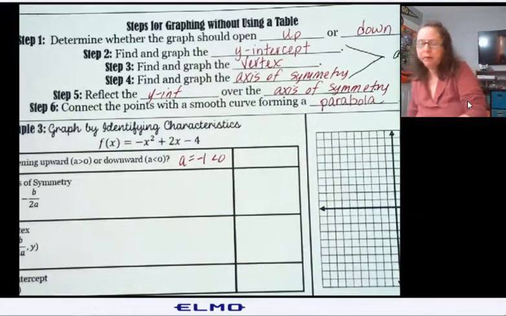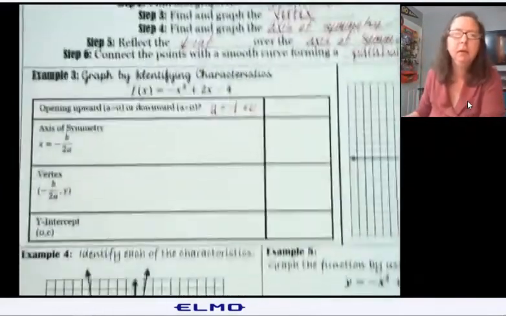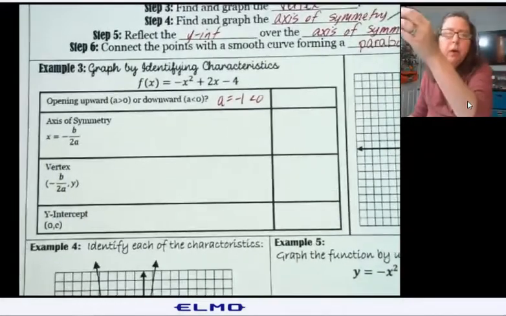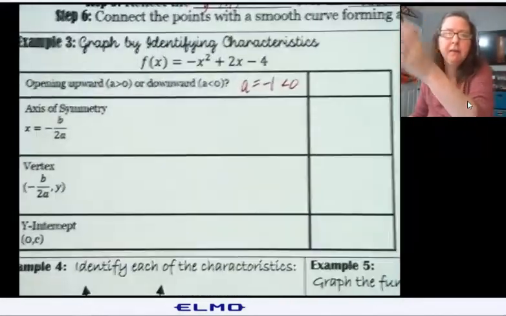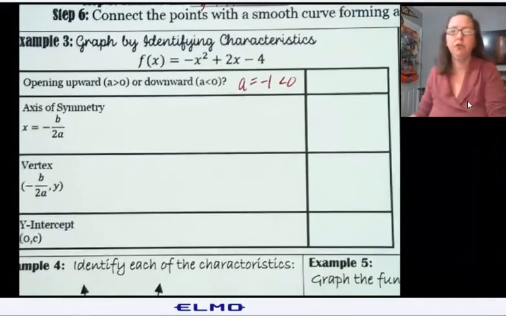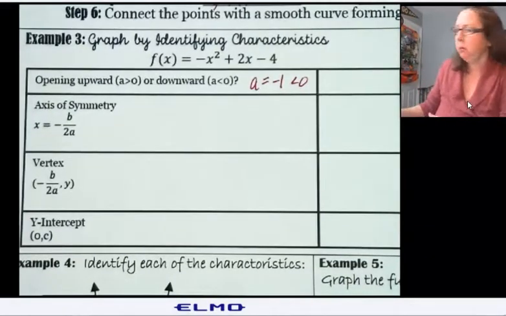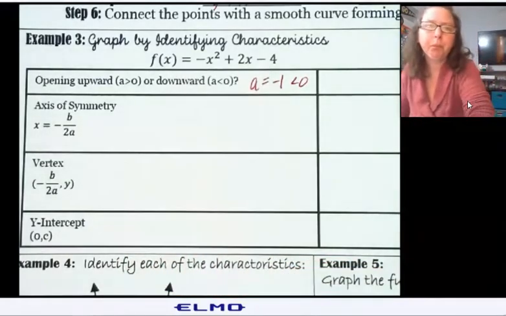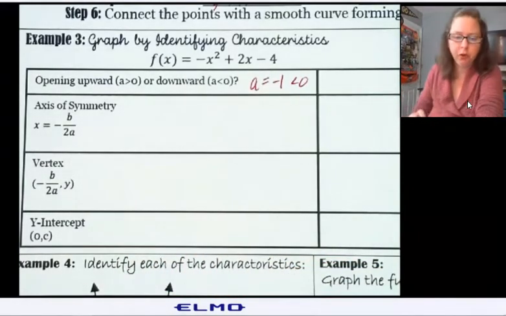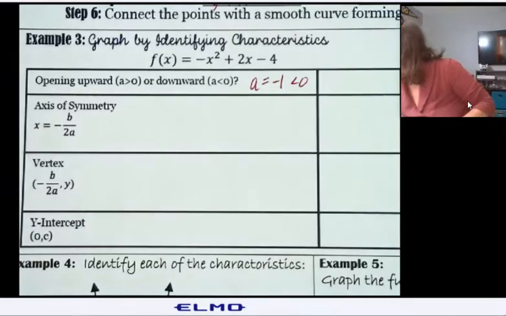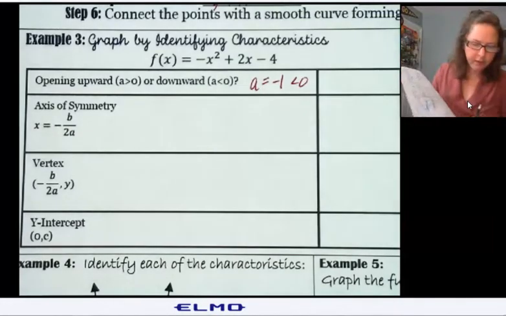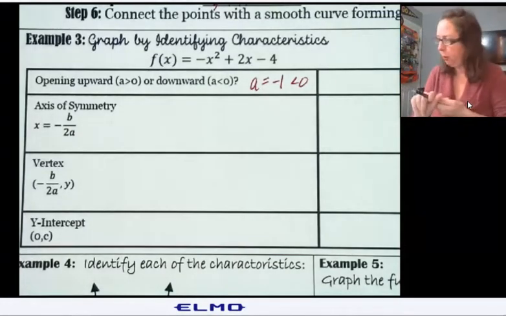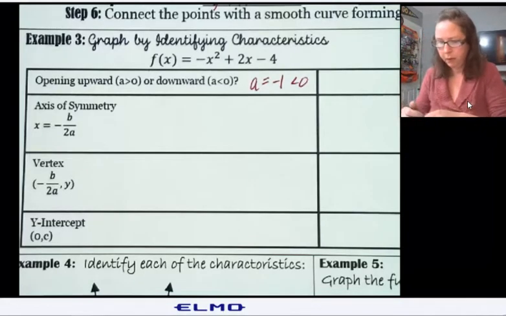So we're going to go ahead and take a look at example 3 here. We're going to graph this by simply identifying the characteristics from the standard form, okay? So to determine if this opens upward or downward, does it open up or does it open down?